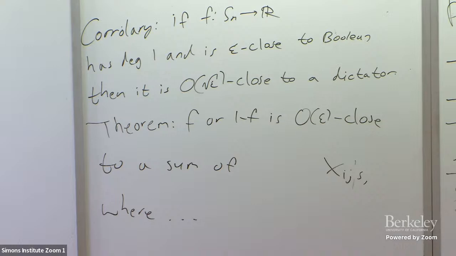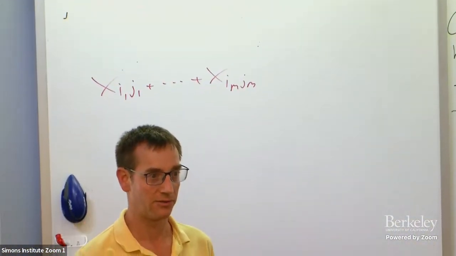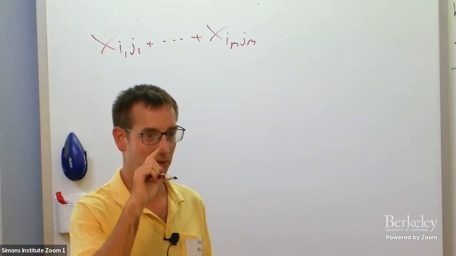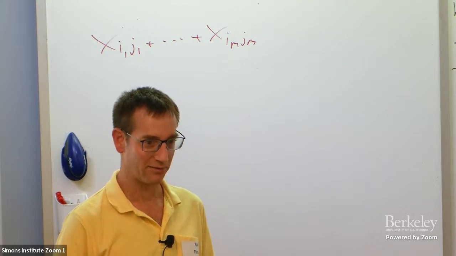So we have x_{i1 j1} plus ... plus x_{im jm}, and we want this thing to be non-Boolean with probability epsilon. Let's estimate the probability that this is non-Boolean.